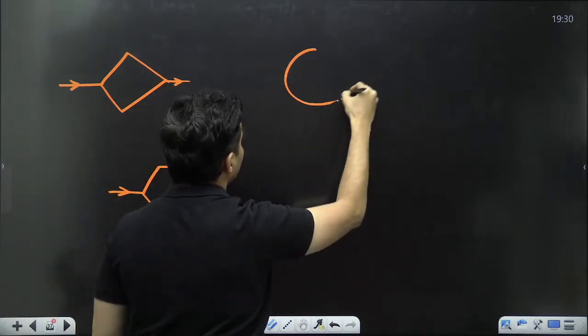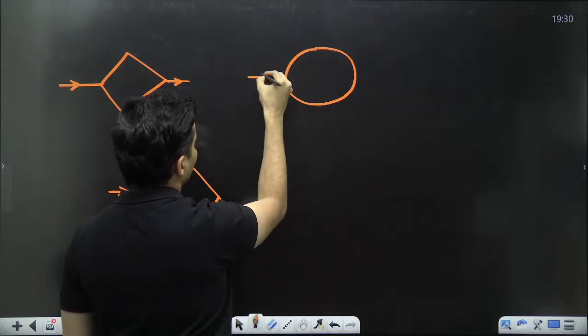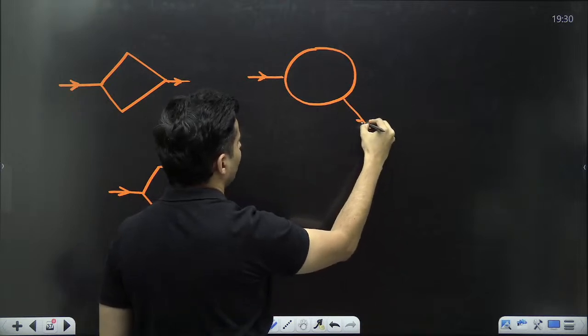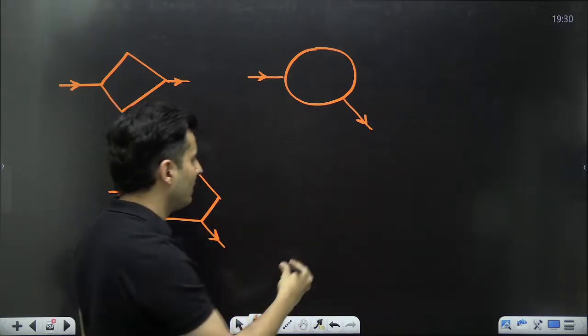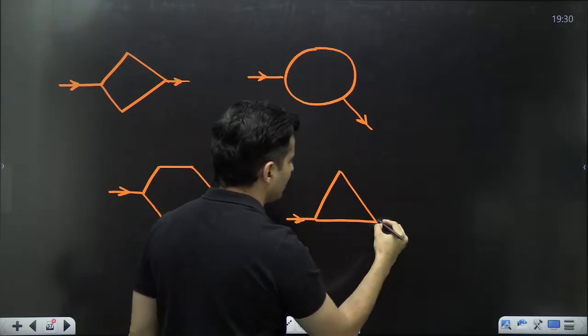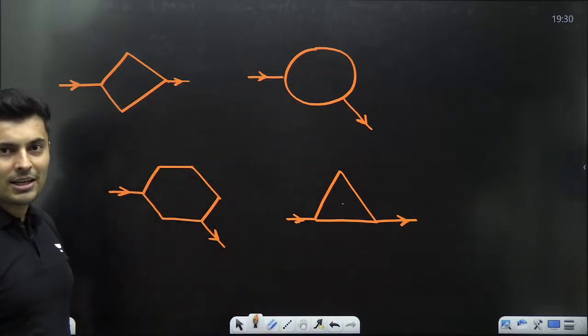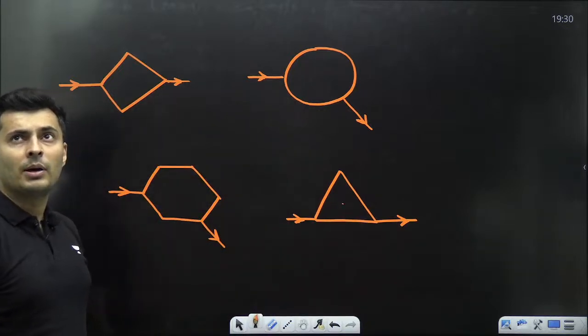Or let's say it's a circle. Current comes in like this and maybe it goes out from here. Doesn't matter, whatever it is, it could be a triangle also. Let's say the current comes in like this and it goes out like that. Whenever such diagrams are there, remember one important thing.